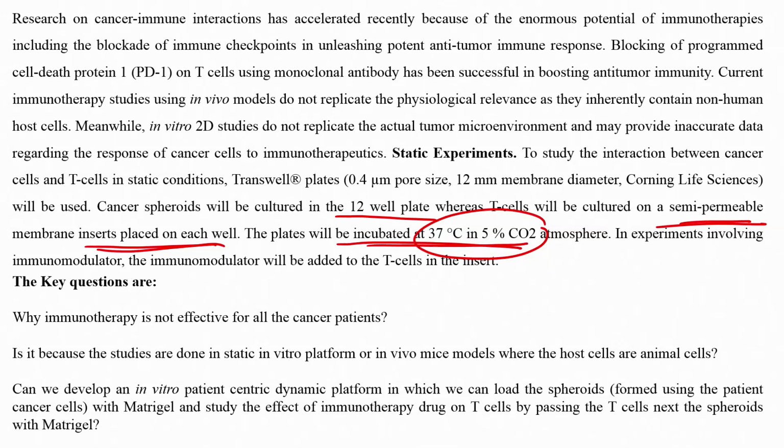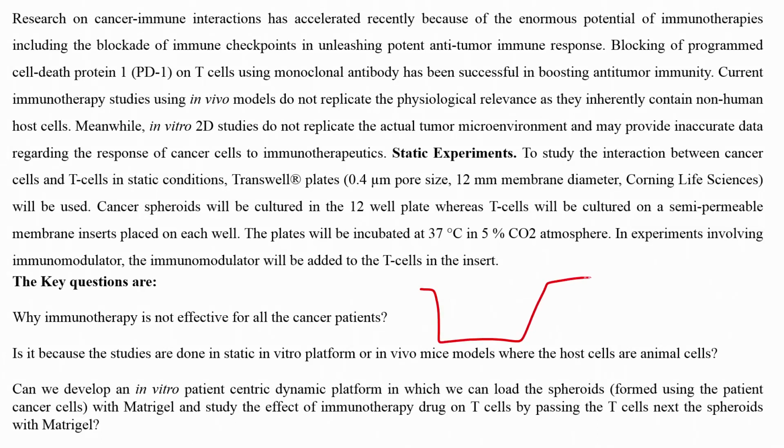In the experiments involving immunomodulator, the immunomodulator will be added to the T cells in the insert. That is what we have said. What we have said, that you take this well, load the T cells, right, and everywhere there is matrigel, there are tumor spheroids here at the bottom and T cells are here with media, right.